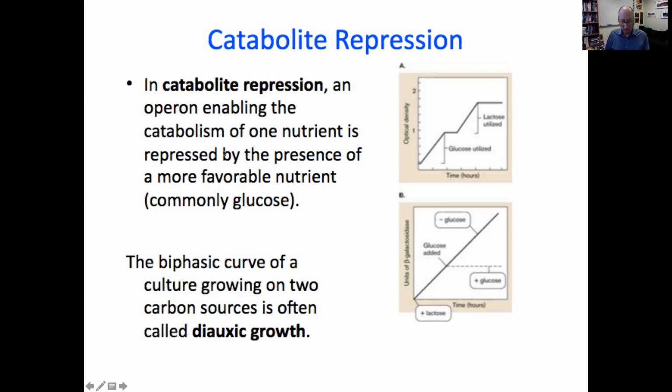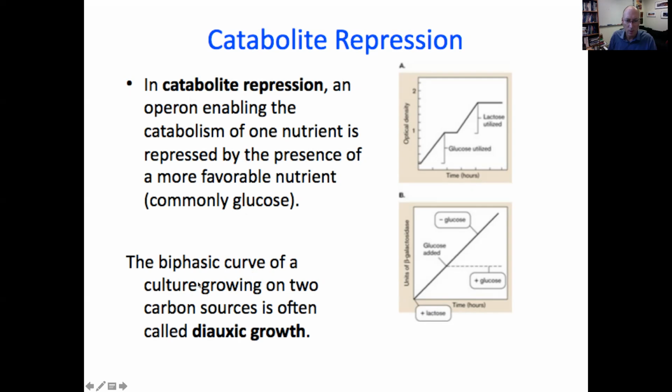The ability to use glucose is constitutive. The ability to use lactose is regulated, and if there is glucose there, then lactose will not be used. We'll talk about the mechanism of that a little later, but this plays into the regulation of the system as well.